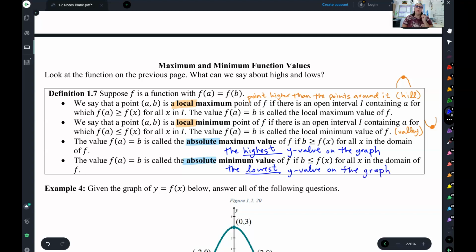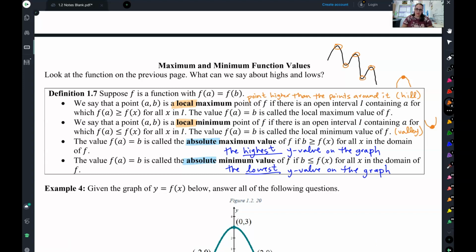We can have multiple local maximums and minimums. Let me give you an example. I have this graph that looks like that. All of these are local maximums. All of these are local minimums because they're the hills and the valleys, higher than the points around it, lower than the points around it.